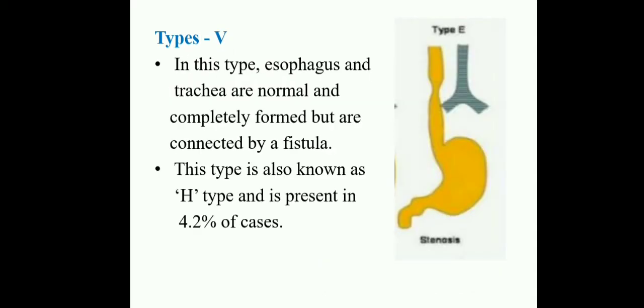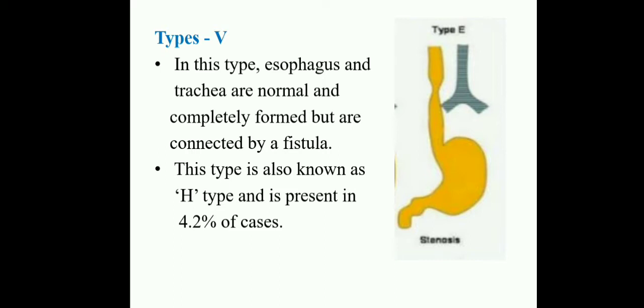Okay, next, the fifth one. What is there in the fifth one? In this type, the esophagus and trachea are normal. They are completely formed but connected by a fistula. Both are separate, but some connection is there between the two organs.